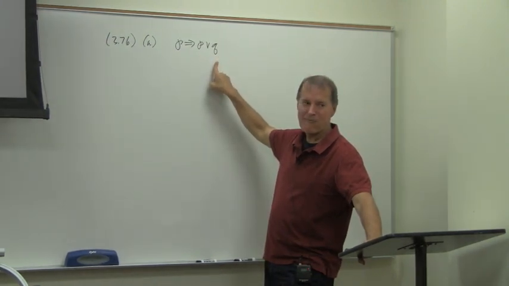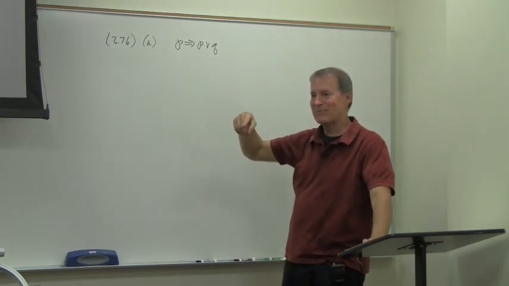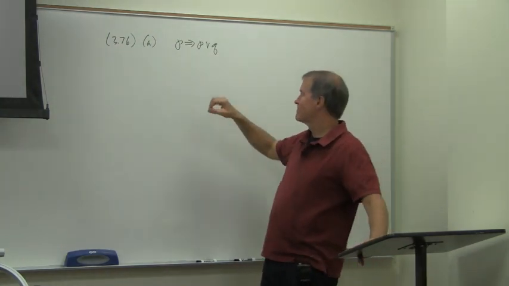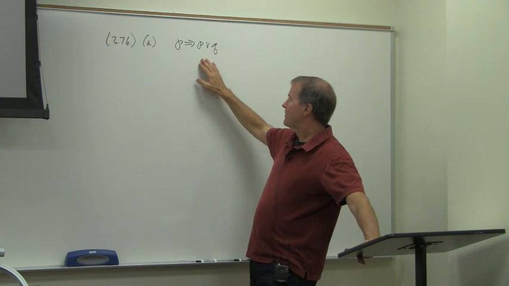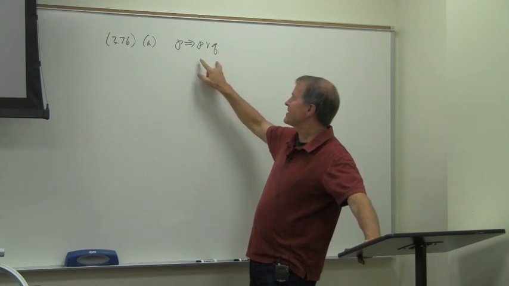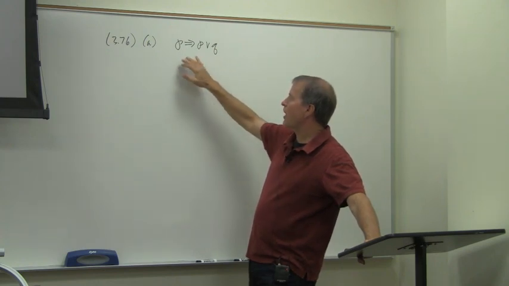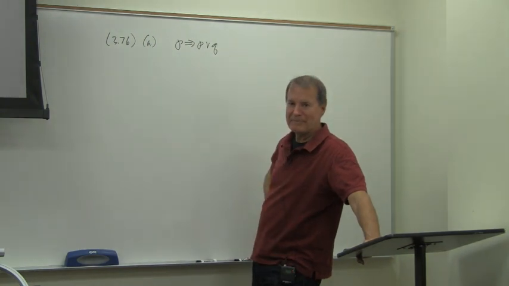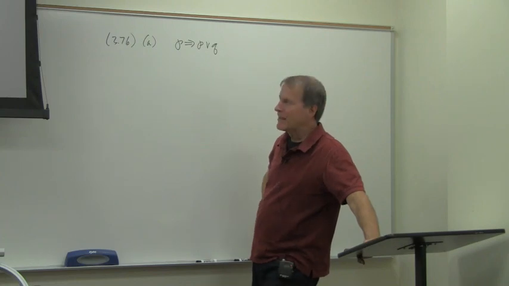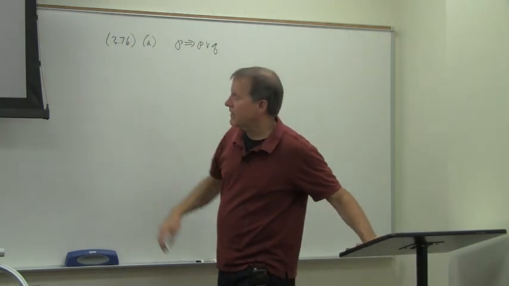Now look what this says you can do. This is quite remarkable. What this says is that anytime you have a P or Q it follows from one of them. That's called weakening the consequent.